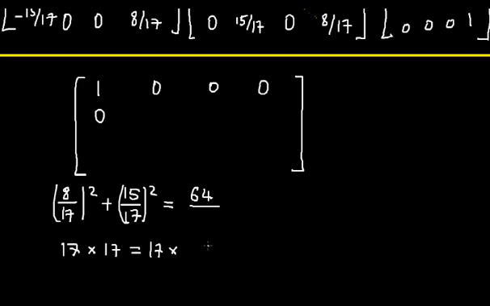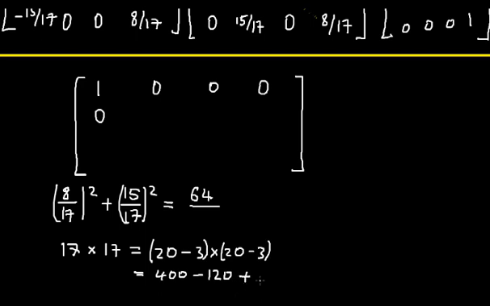Maybe a better way would be 20 minus 3 times 20 minus 3. So 20 times 20 is 400. Then we have minus 60 here and minus another 60, which is 120.